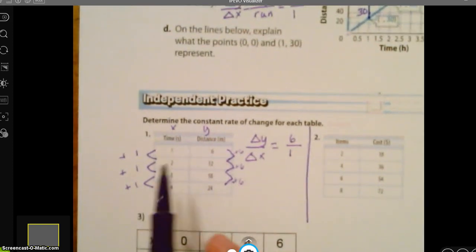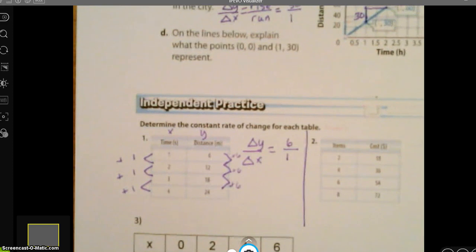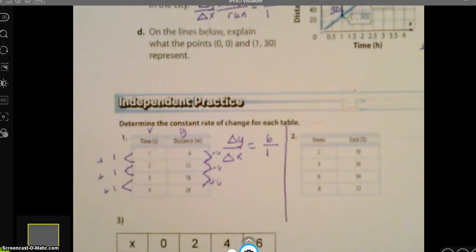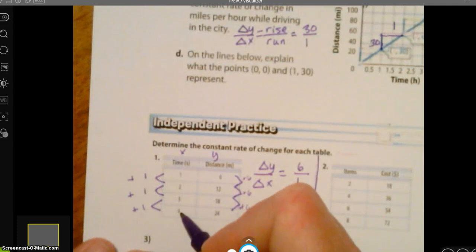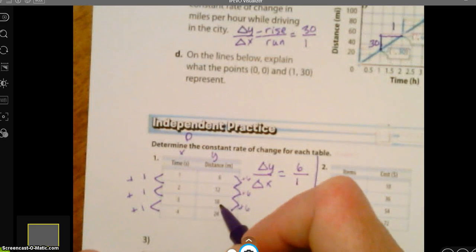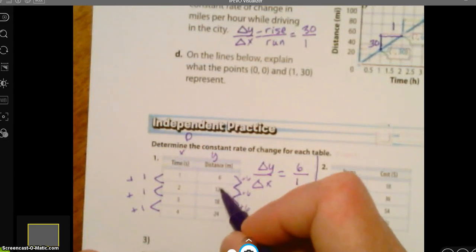Okay? So one thing we know, since this has a constant rate of change, if I was to graph this, it would be linear. Now the next thing I want to check is if it's proportional. Before we talked about if it has a constant rate of change and goes through (0, 0), then we call it proportional. So I'm going to take my table backwards. 4, 3, 2, 1, because each time I go back 1, 24 minus 6 is 18, 18 minus 6 is 12, 12 minus 6 is 6, 6 minus 6, 0.